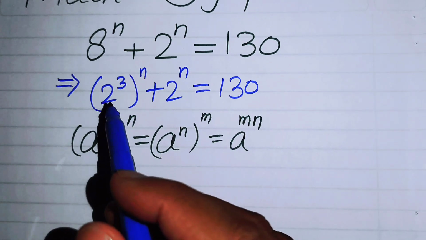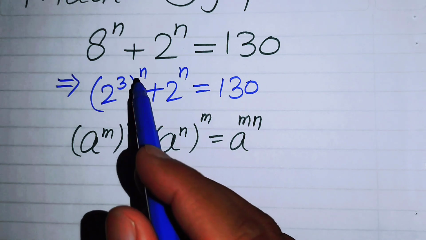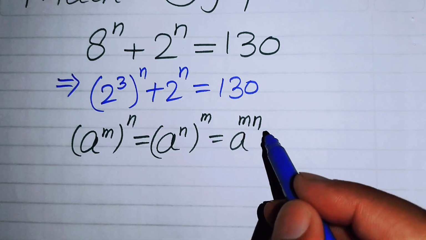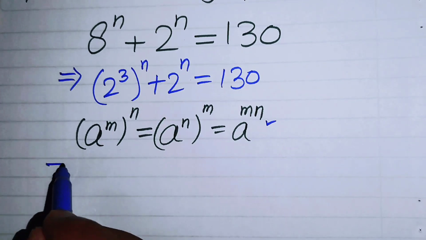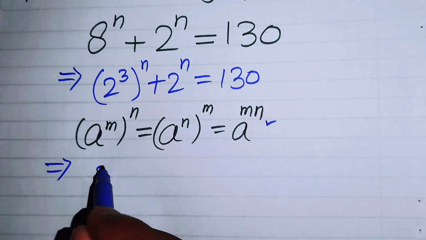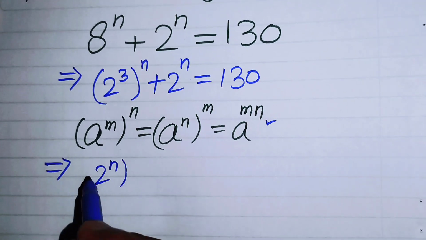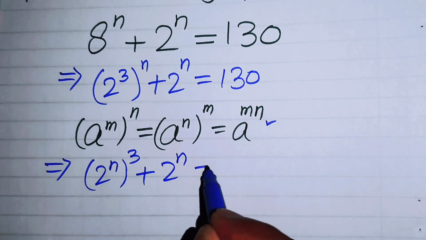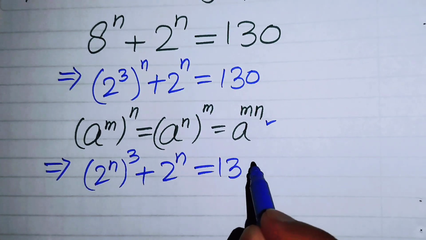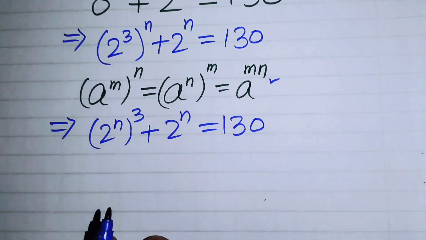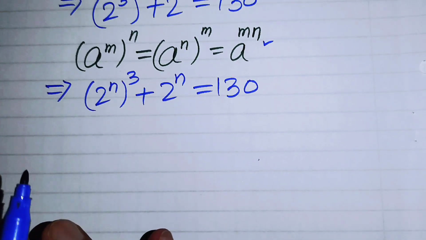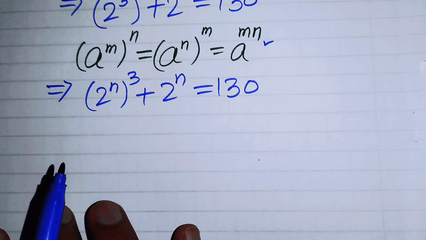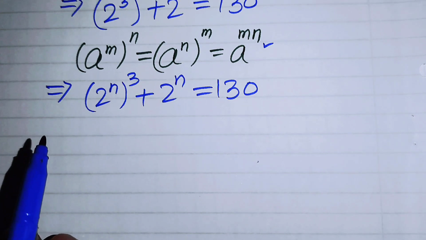So here we just need to interchange these two exponents according to this law, so that we get 2 to the power of n and its whole cubed, plus 2 to the power of n is equal to 130.